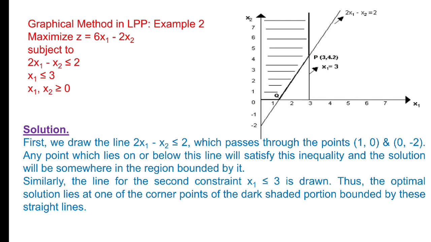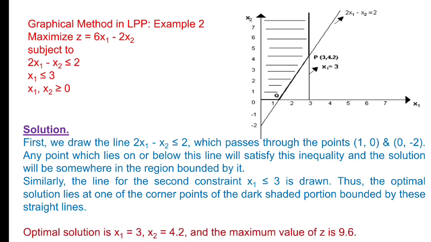Then another one is x1 equal to 3, a vertical line parallel to the y-axis. Both are less than or equal to, so the shaded part will be the common region. So the optimal solution is here. There is only one point where you get maximum z. So x1 equal to 3, x2 equal to 4.2, which is the intersection.